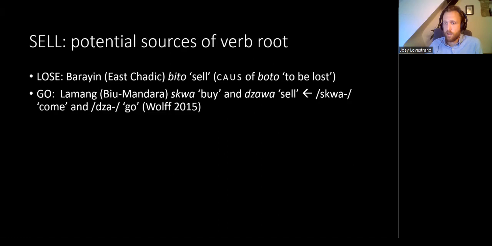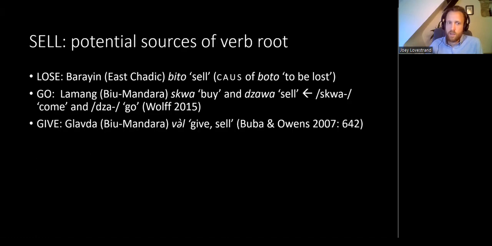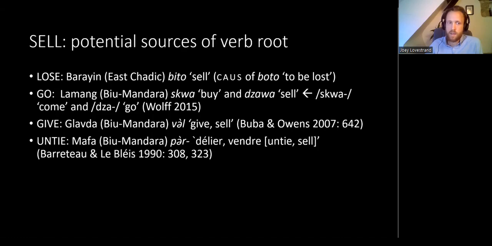You might also have a motion verb to express sell. That appears to be the case in Lamang, where the verbs for buy and sell parallel the forms for count and go, these general motion verbs. So it appears that the verb for sell is derived from the verb go in this language. In Glavda, it's reported that the word for sell also means give. So that's another potential source for getting a word to mean sell, distinct from buy.